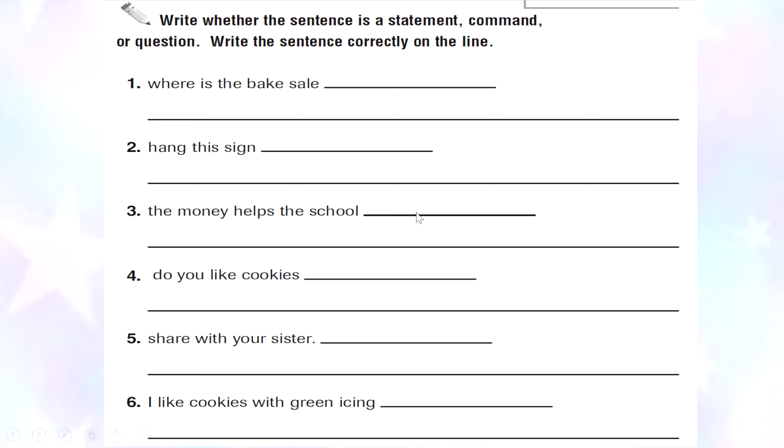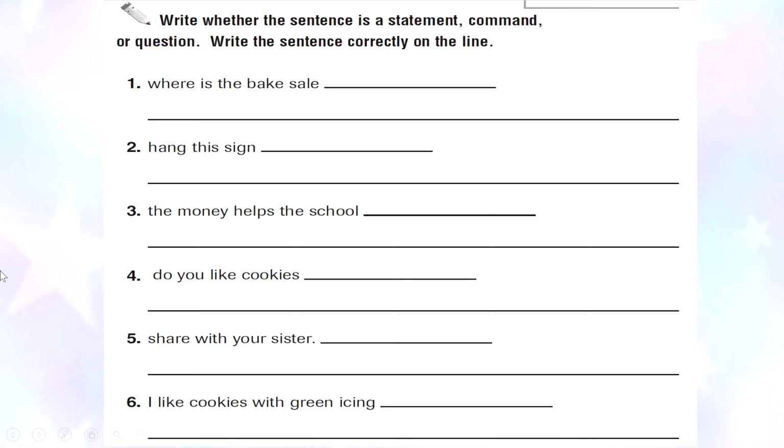Write the type of the sentence, statement, command, or question, and rewrite it correctly. 4. Do you like cookies? Get the type and rewrite. 5. Share with your sister. Get the type and rewrite. 6. I like cookies with green icing. Write the type and then rewrite the sentence.